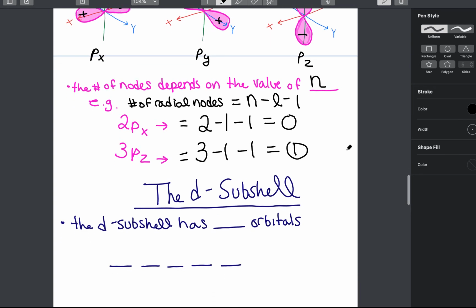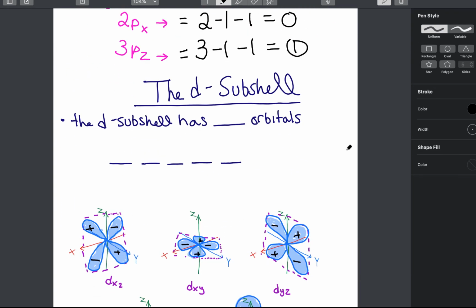So the last subshell that we're going to talk about is the d subshell. The d subshell has 5 orbitals, and the reason why it has 5 is because it has an L value equal to 2. When you label the orbitals on an orbital diagram, you would label them like -2, -1, 0, 1, 2.